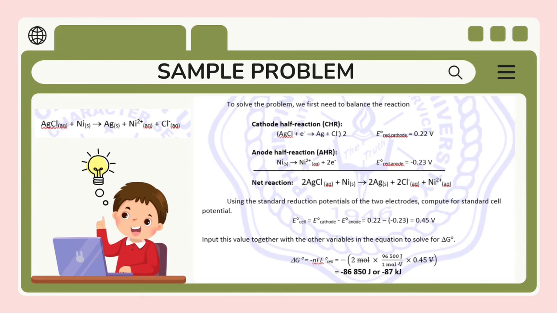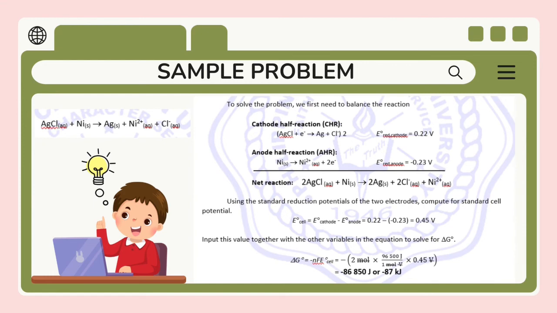So we input this value together with the other variables in the equation to solve for the Gibbs free energy. The Gibbs free energy is equal to negative n multiplied by F multiplied by E cell.